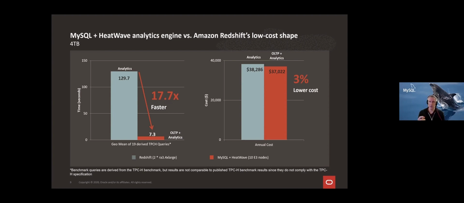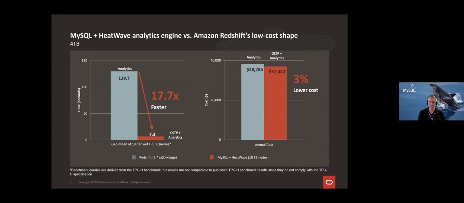And by the way, with the MySQL database service with HeatWave, it's not like you need MySQL plus HeatWave as two different things. It's still one database, so there's no ETL. It's not like two services you have to pay for. It's just one service. In this case, with AWS we would have to pay for the RDS plus the Redshift.